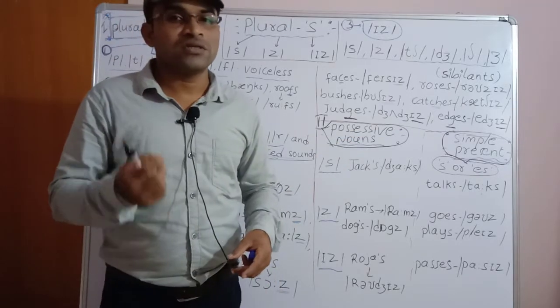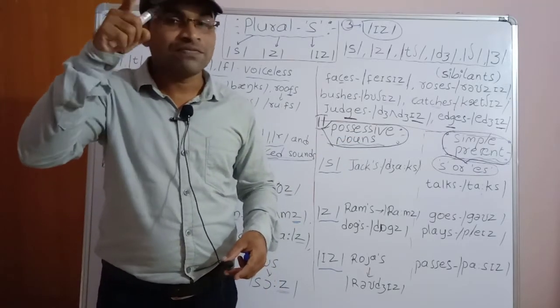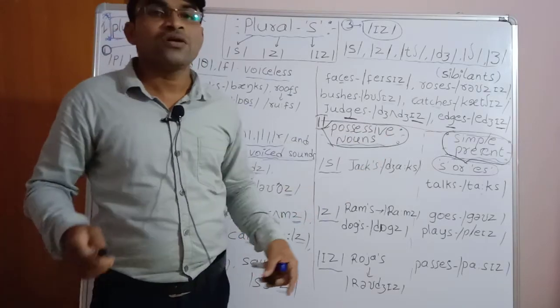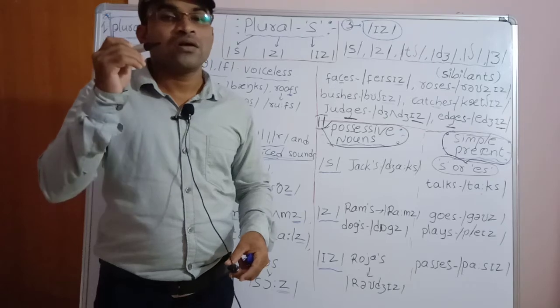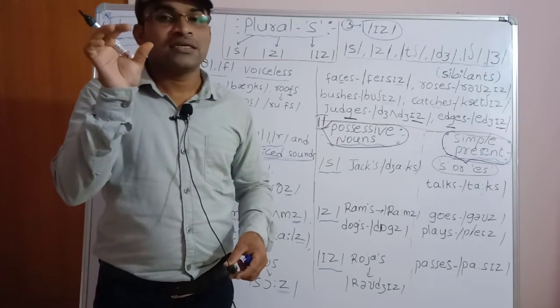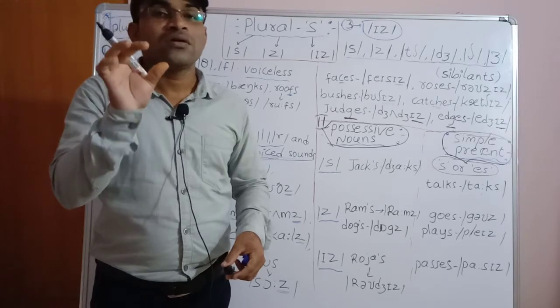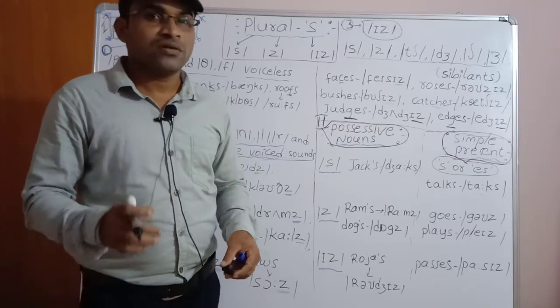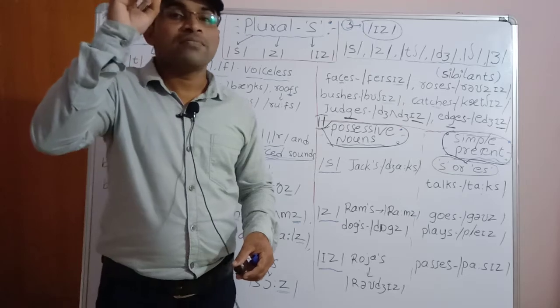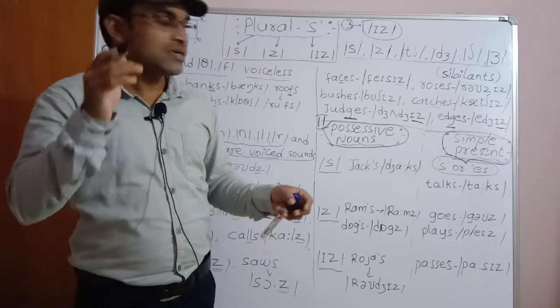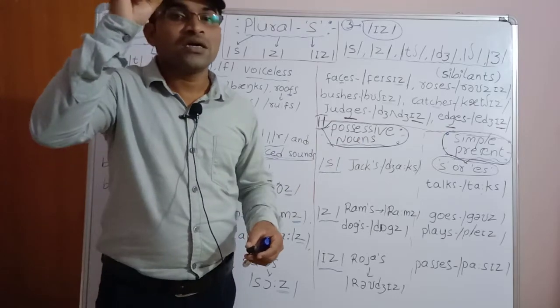Possessive nouns, noun apostrophe s. Possessive nouns means we add the suffix s to nouns, and we place an apostrophe after the noun.